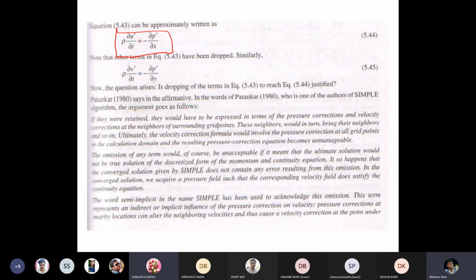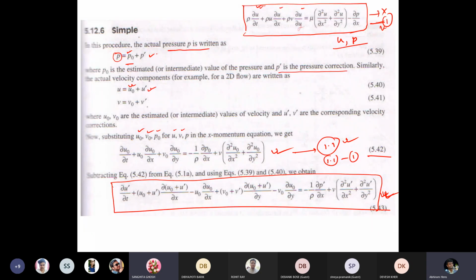So what it is showing is that you are keeping this term and this term, and the rest of the part you are neglecting. All these things you are neglecting.